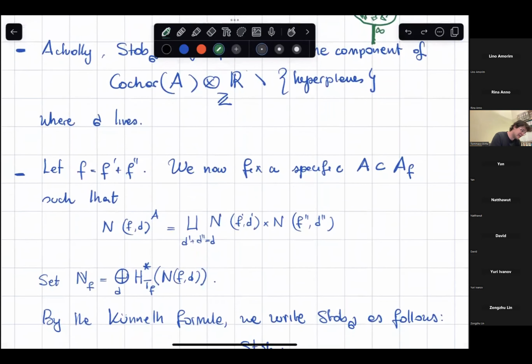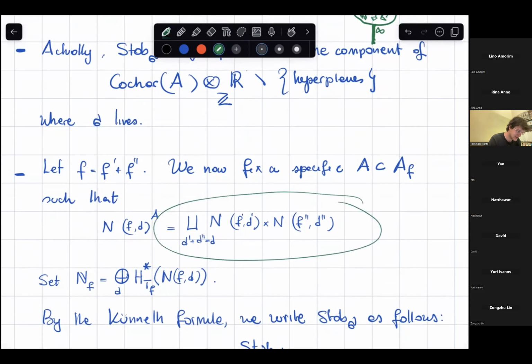But before doing that, let me also add another piece of notation. Let's assume that we pick our framing F and we split it in two pieces, so we assume that F is equal to F prime plus F double prime. And for this given decomposition, we can fix a specific torus A inside of the framing torus A_F, such that the A-fixed locus of any quiver variety looks as follows.